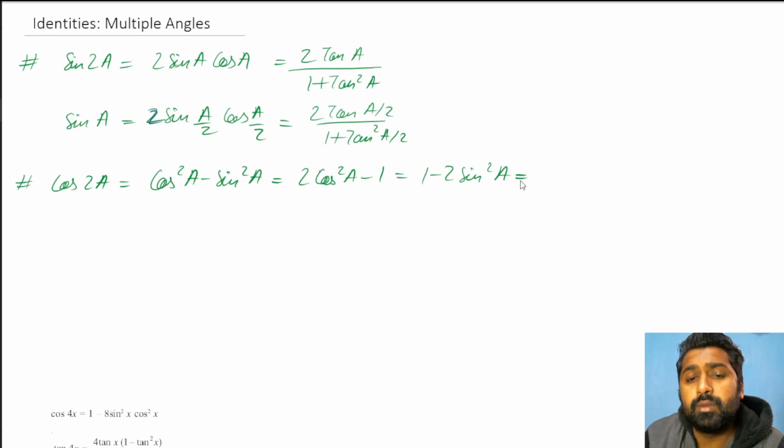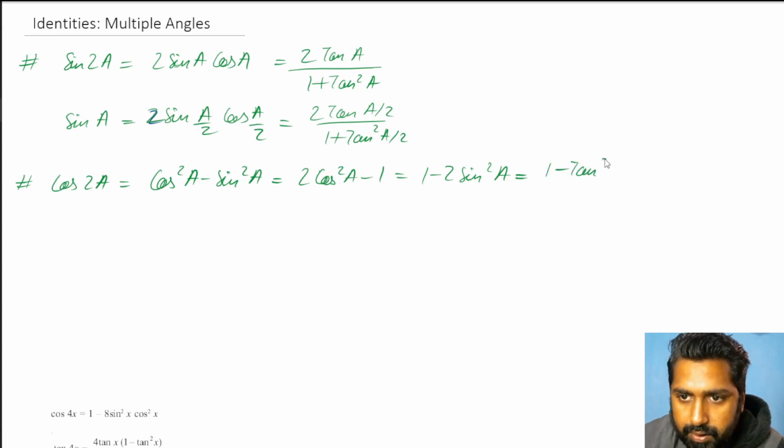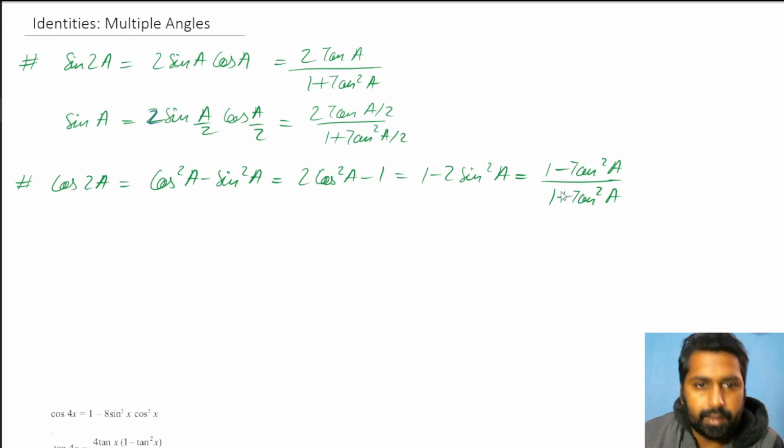And then there is one more identity based on tan, that is 1 minus tan square a upon 1 plus tan square a. Again, we will not be using this last identity right now, but in inverse trigo and integration, this will be helpful.